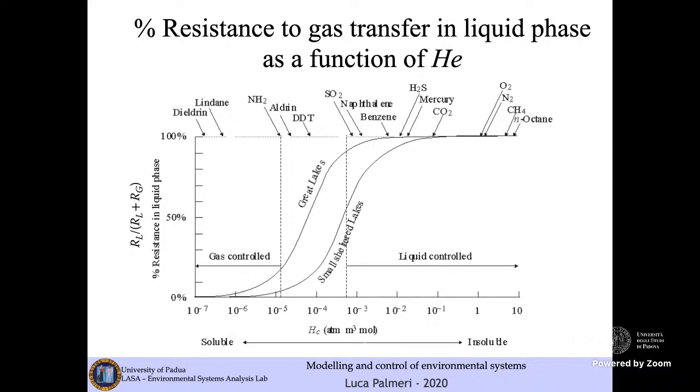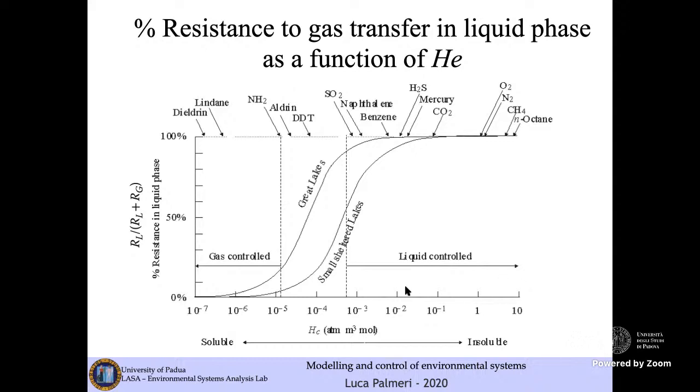In particular, for different compounds, this graph shows you how the different compounds are behaving depending on their value of the Henry constant. And in general, we may notice that in terms of percentage resistance in the liquid phase, so how much the liquid phase is controlling the transfer, for large Henry constant compounds, we have a liquid control behavior.